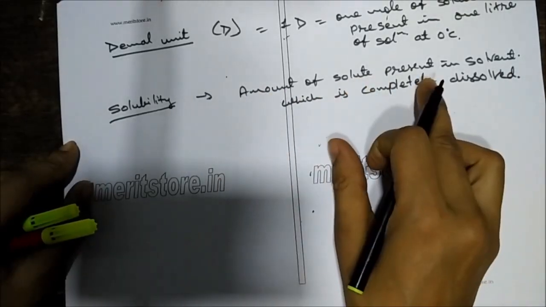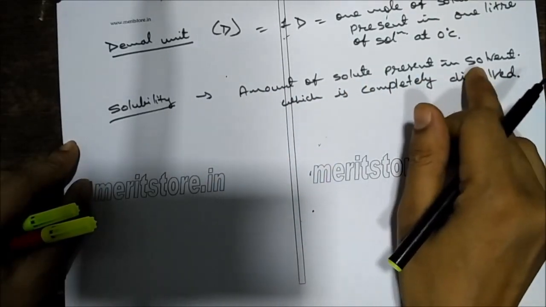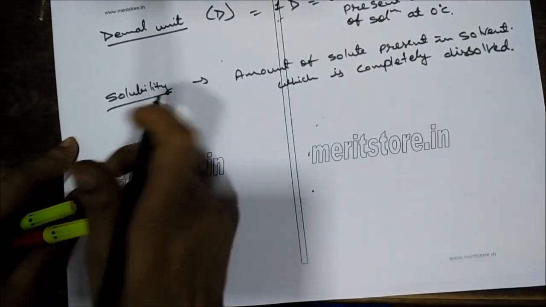The amount of solute that is completely dissolved in solvent is called solubility.